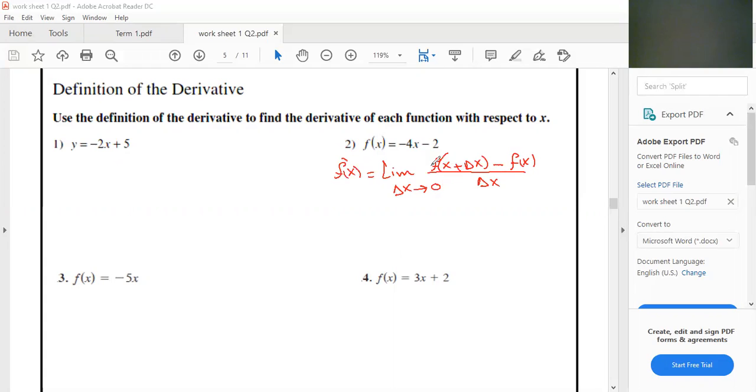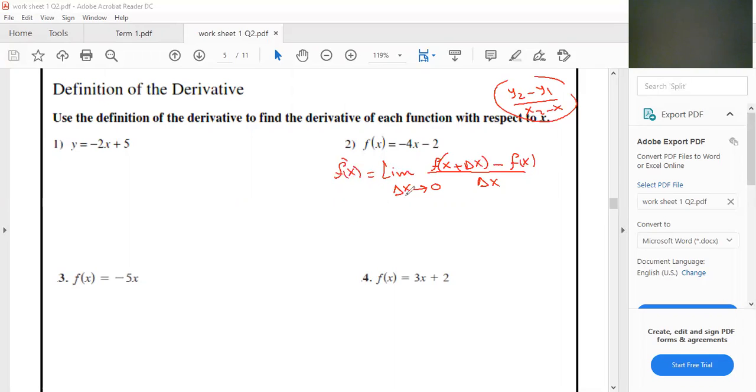Okay, change the value. You told me y2 minus y1 over x2 minus x1, it means the slope. Here, change in x: f of x plus delta x minus f of x over delta x.